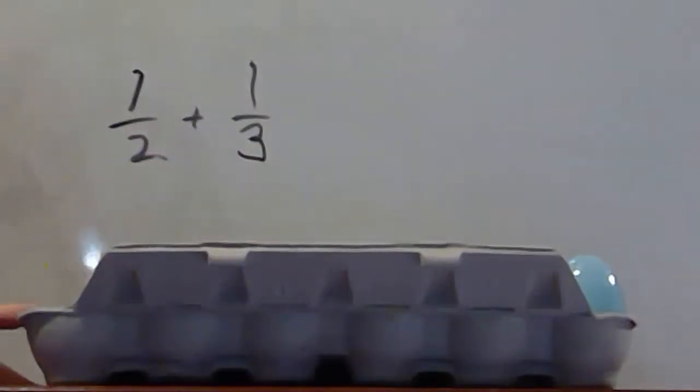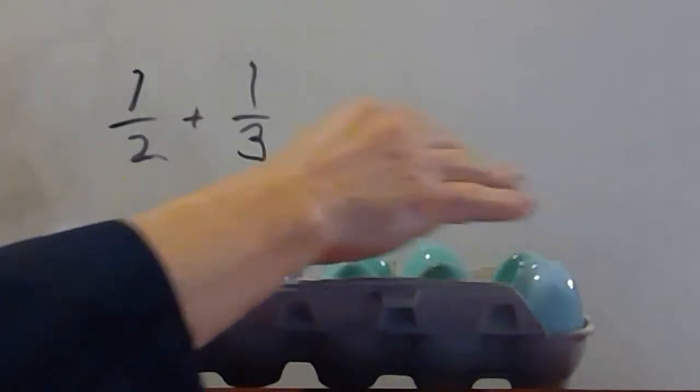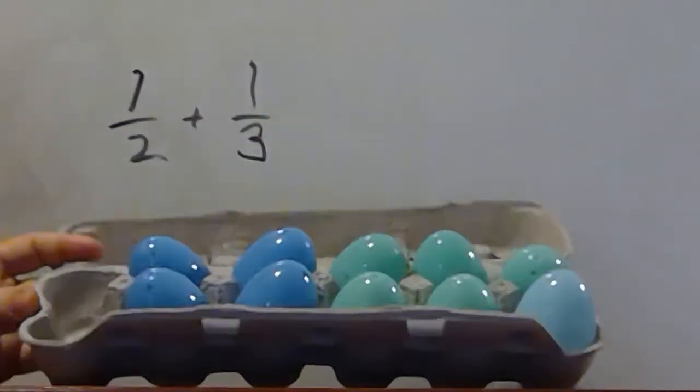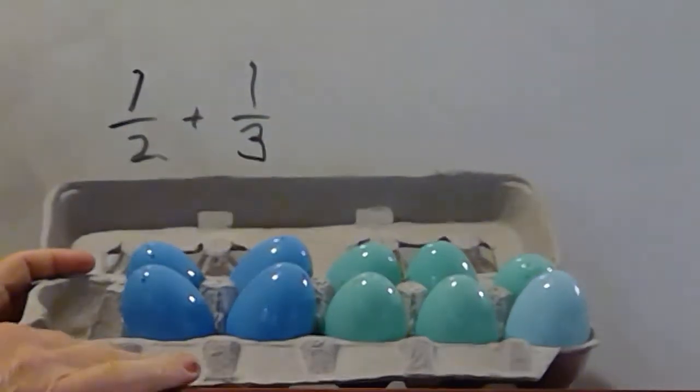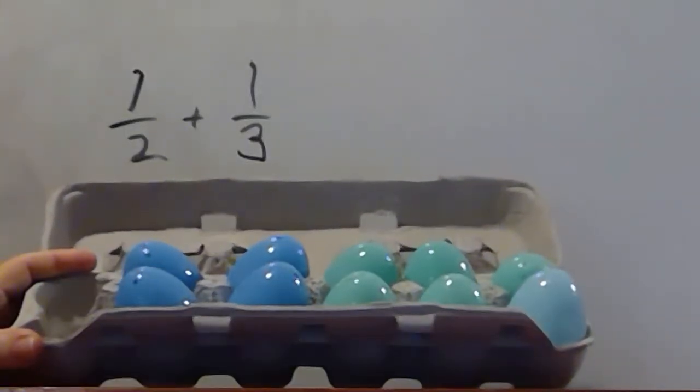So what I'm going to do is consolidate all my eggs in one egg carton. So here I took out that 1/3 and I added it to my 1/2 to fill up my egg carton here. So how many eggs do I have now?